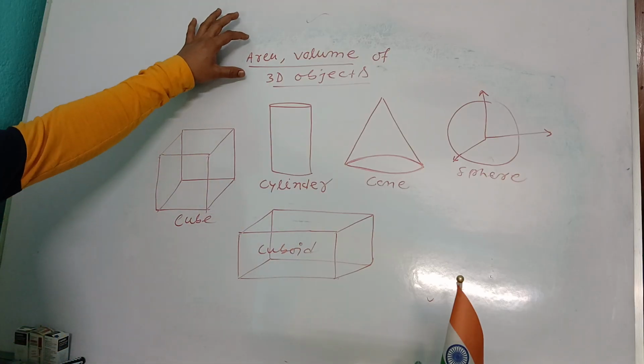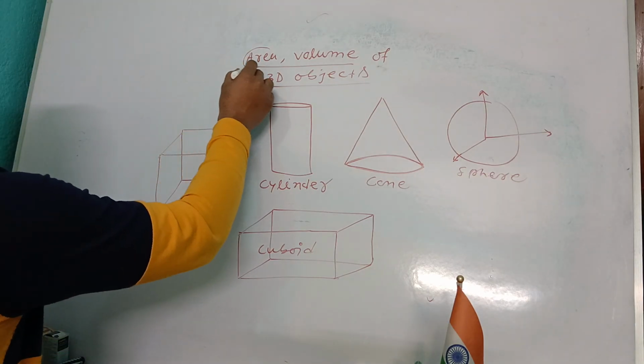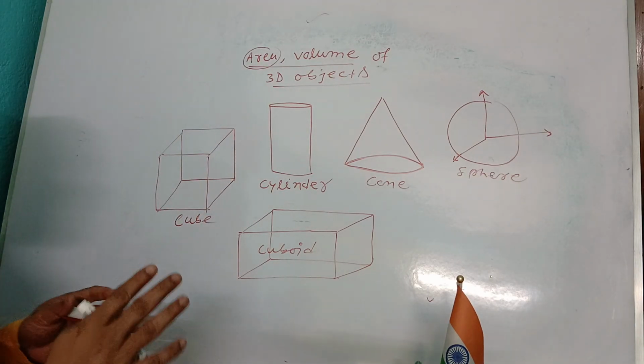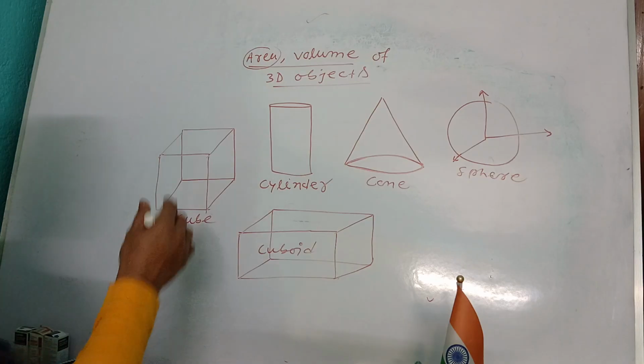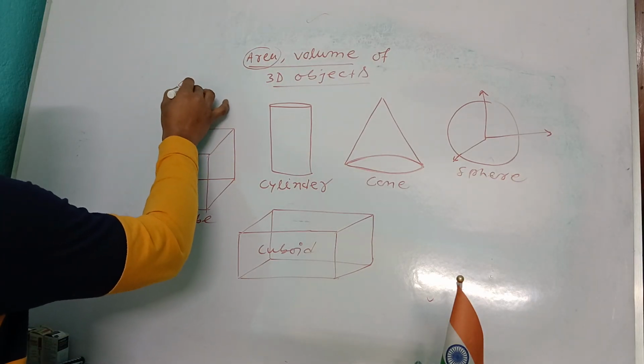First we have to discuss the area. Area has two types. One is surface area.